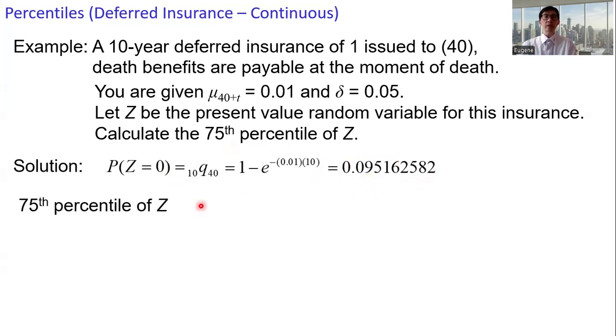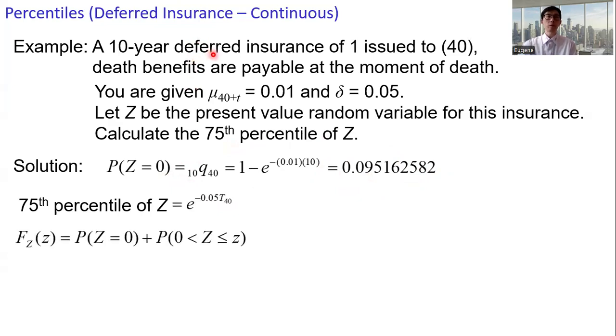The 75th percentile of Z, this is a deferred insurance, so remember the CDF here, two parts. Therefore, the 75th percentile of Z equals the probability that Z equals 0, which is calculated as 0.095, plus the probability that Z is between 0 and z.